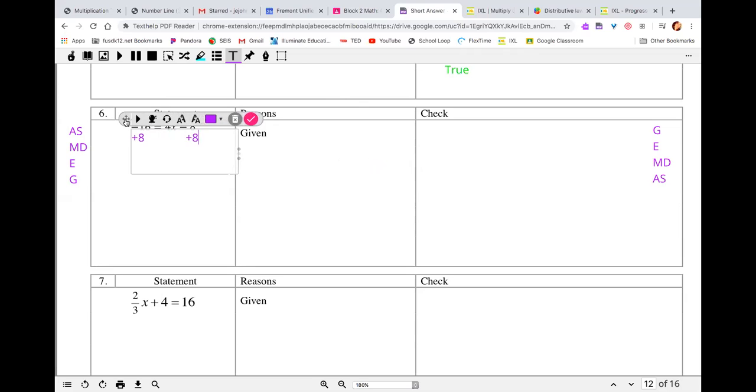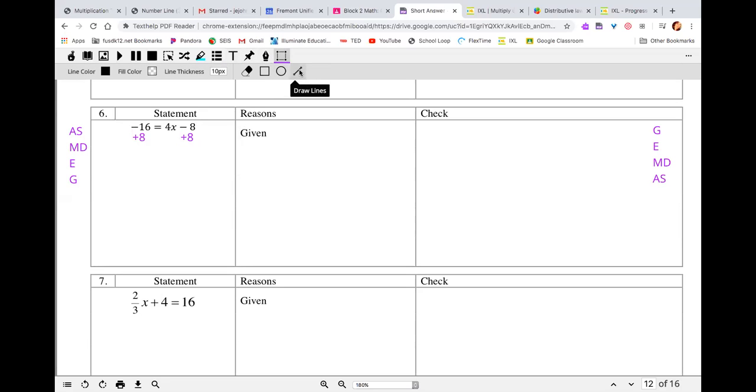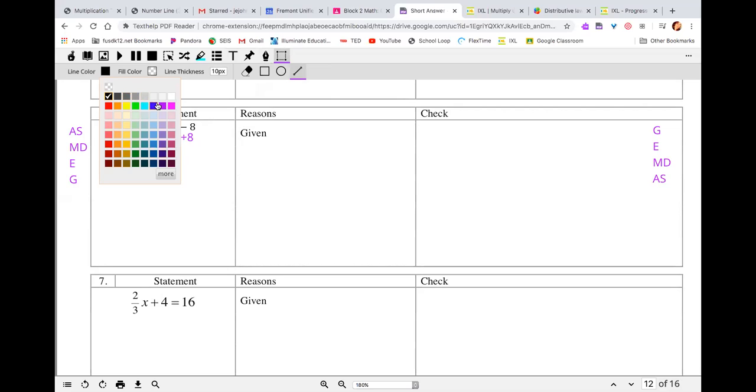Let's try to line this up here a bit. Right, now that I'm adding 8, these two cancel out.